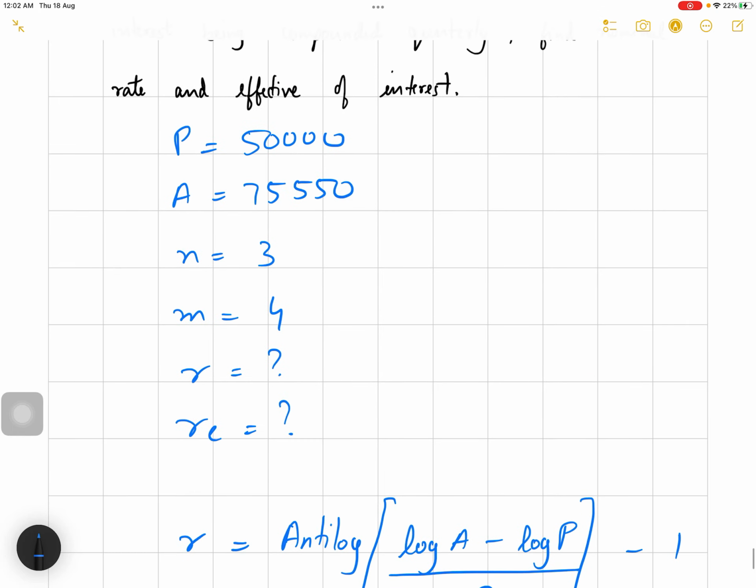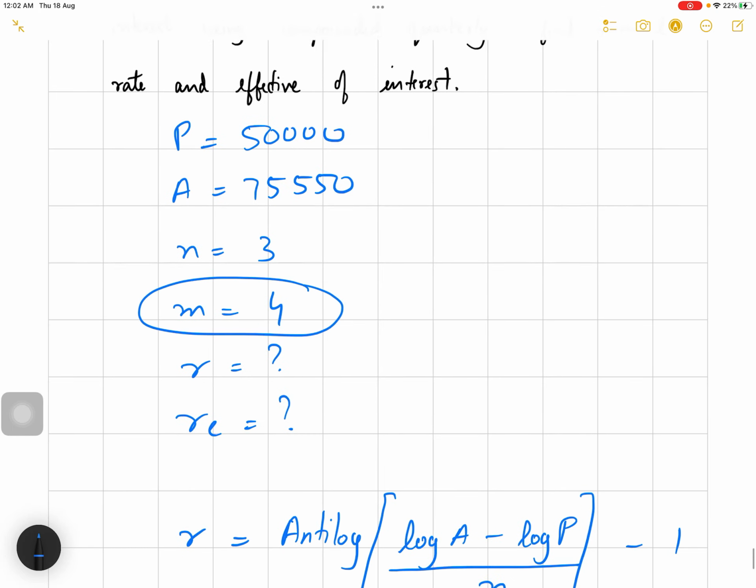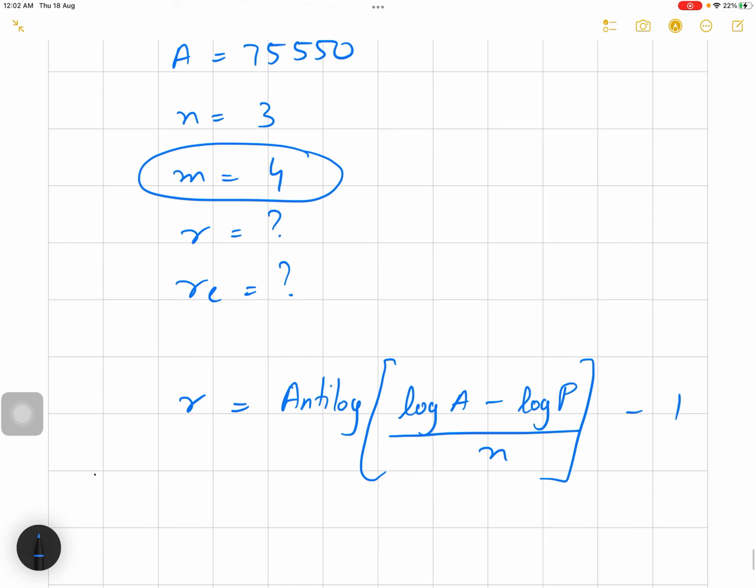But because interest is compounded quarterly, you will do R divided by 4 and N multiplied by 4.